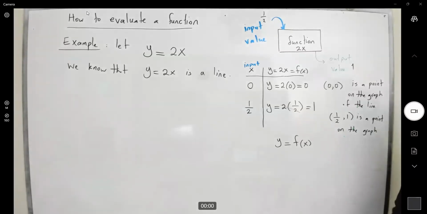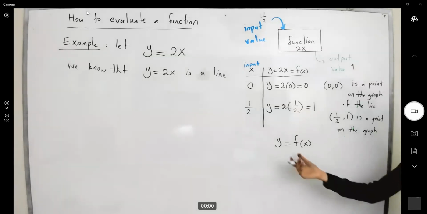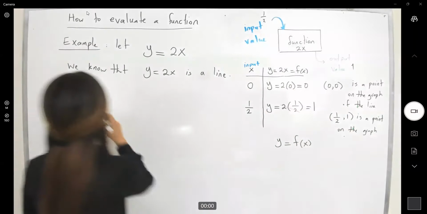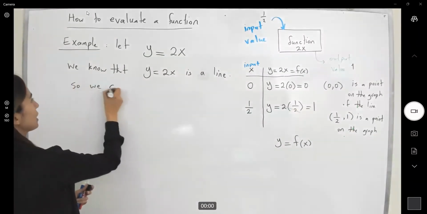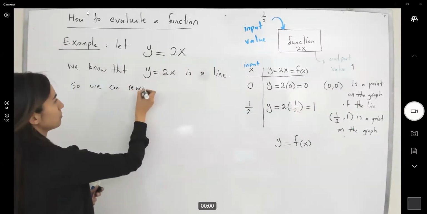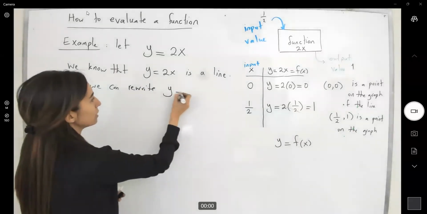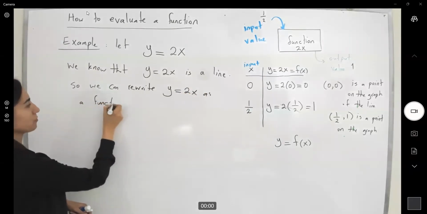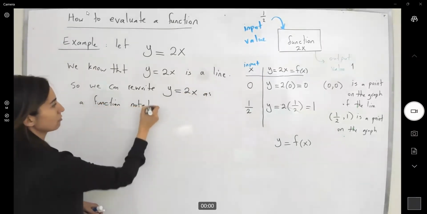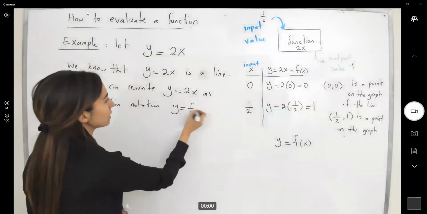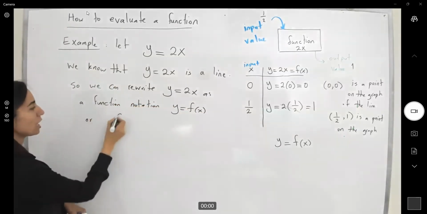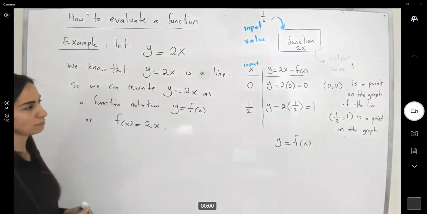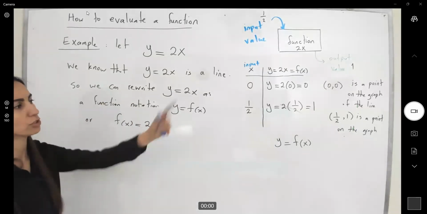We just officially introduced y as a function of x. Very good. So we can rewrite y equals 2x in function notation: y equals f of x, or f of x is equal to 2x.